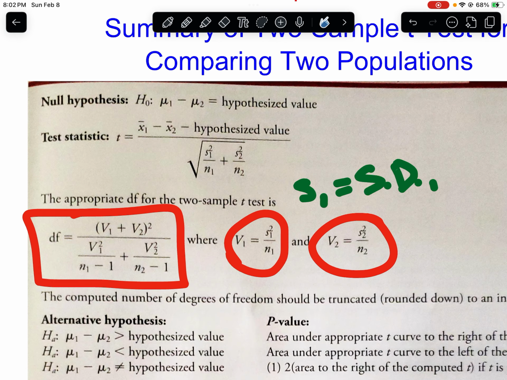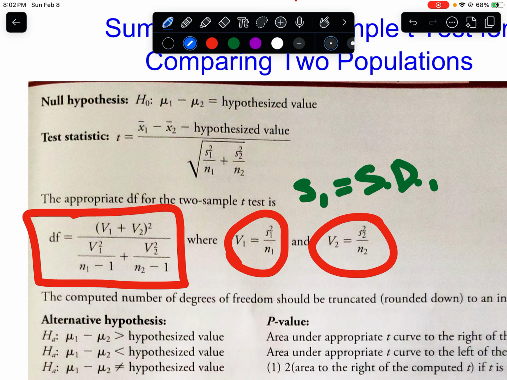So here again is that degrees of freedom formula that we probably should have had a little bit earlier in the notes, but hopefully it makes a little bit of sense, or at least makes sense how we use it or how we calculated it.